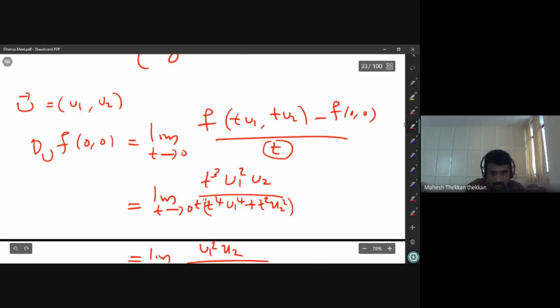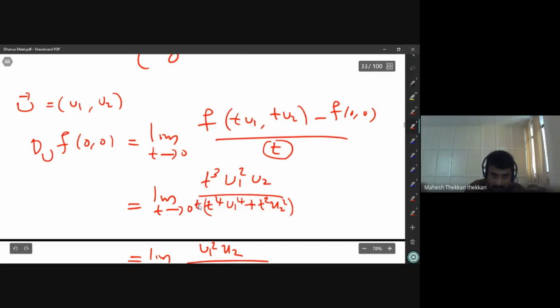Okay. Now here I have t raised to 4 u1 raised to 4 plus t square u2 square. So the common term I can take outside: here I have t square, here I have t raised to 4, so from here I can take outside t square.